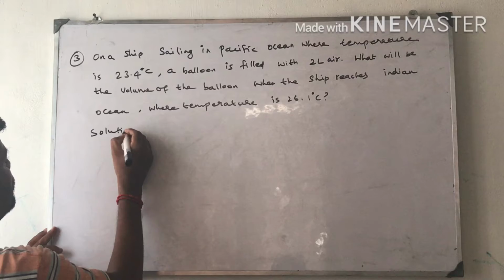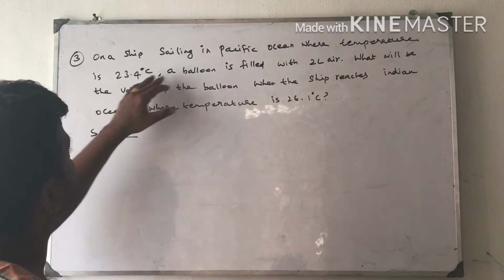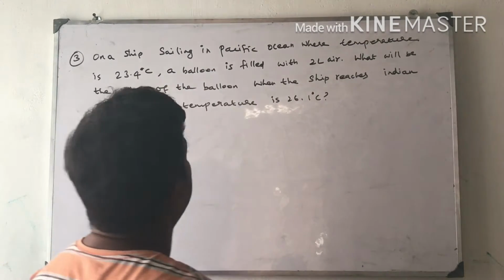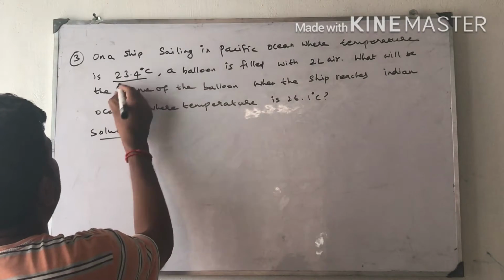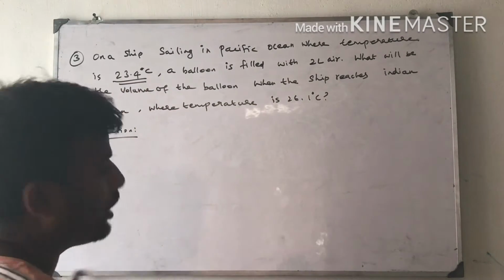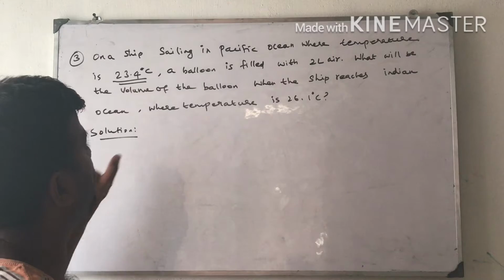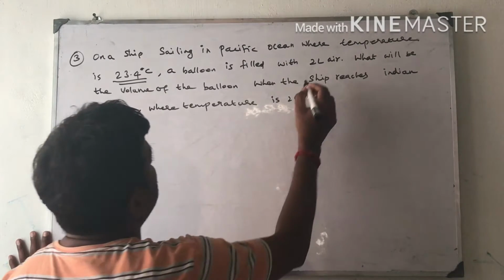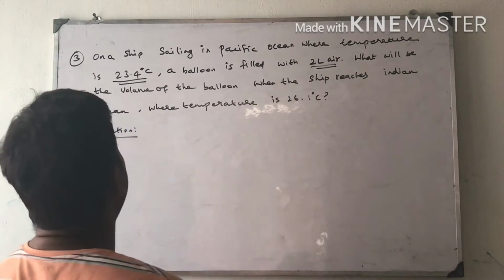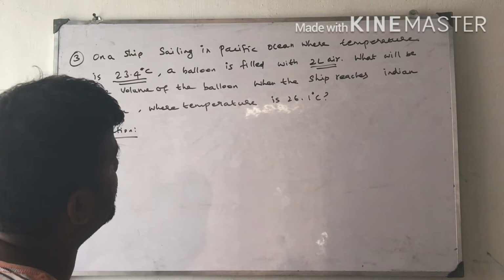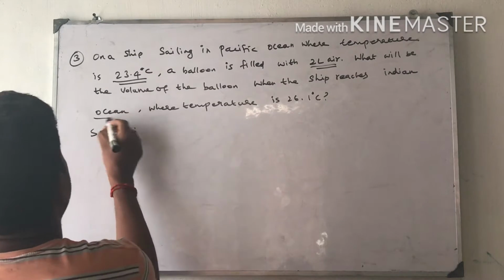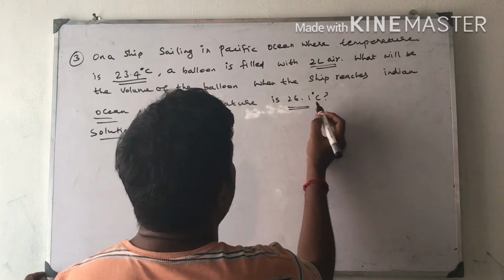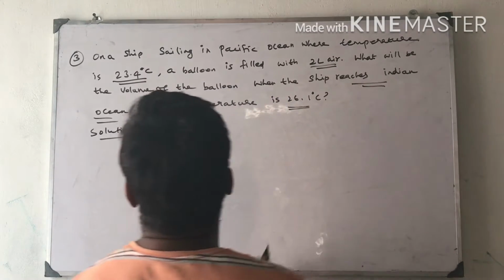Now the third question related to Charles law. First we have to study the question. On a ship sailing in the Pacific Ocean, where the temperature is 23.4 degrees Celsius, a balloon is filled with 2 liter of air. What will be the volume of the balloon when the ship reaches the Indian Ocean, where the temperature is 26.1? Very good question.